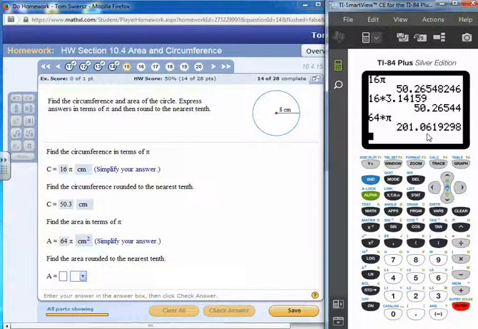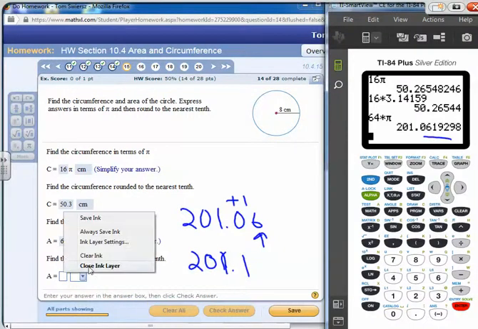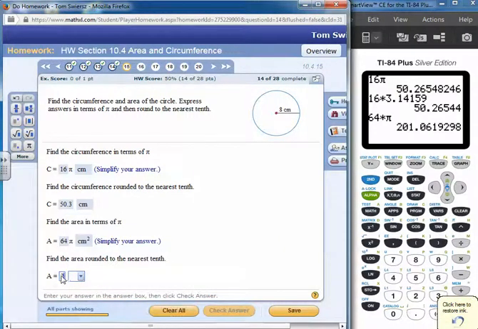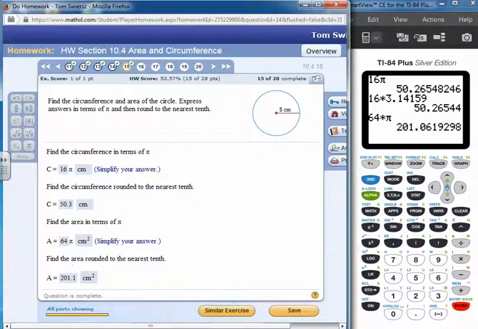There's a 0 followed by a 6, so this 6, you would add 1 to the tenths and get 201.1 to the nearest tenth. And again, it'll be square centimeters because it's area. So 201.1, and area is always square units, square centimeters. All right, very good.